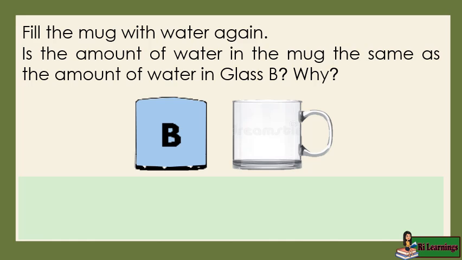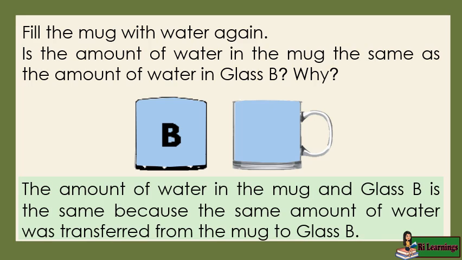Fill the mug with water again. Is the amount of water in the mug the same as the amount of water in glass B? Why? The amount of water in the mug and in glass B is the same because the same amount of water was transferred from the mug to glass B.